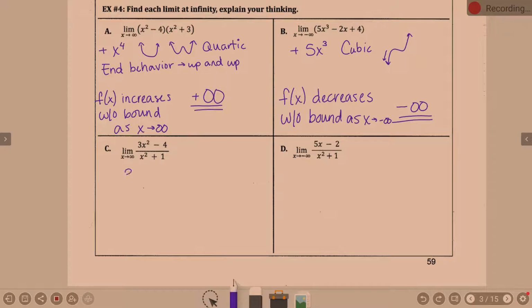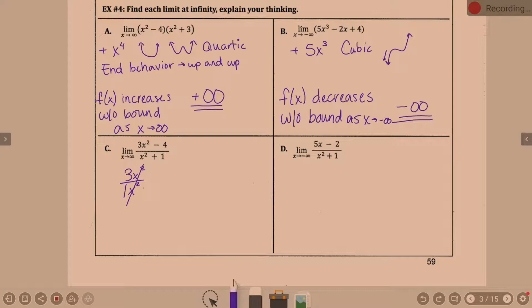Highest power on top is 3x squared. Highest power on bottom is x squared. What do you notice about these powers? They're the same. What was the rule when they're the same? The coefficients, right? If you think about the x squareds canceling, my coefficients are 3 over 1, or in other words, 3.